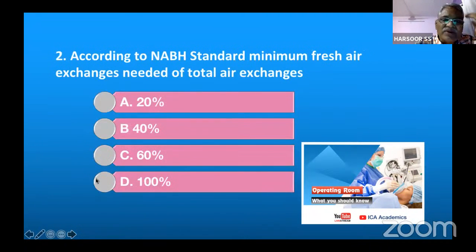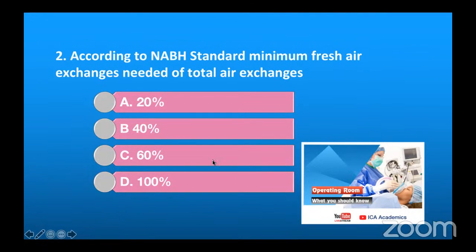In the meantime, we'll go to the next question. According to NABH standards, once again, the minimal fresh air exchange needed out of the total air exchanges is how much: 20%, 40%, 60%, or 100%? Okay, we'll use the chat now.